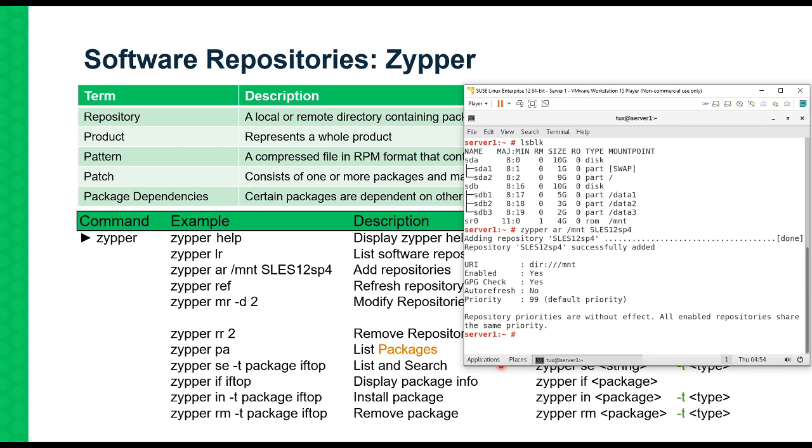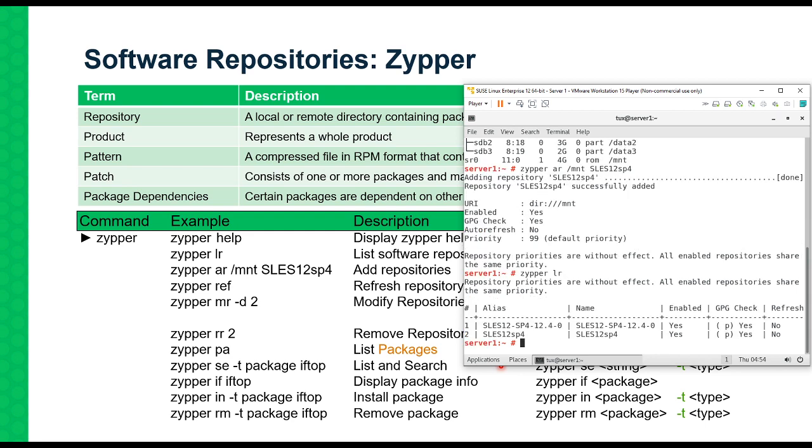So our next command, let's first see if it was successfully added with zypper lr. So we go zypper, list repositories, and now we see we have another repository listed. Now we have to modify a repository. Depending on our naming convention, it will sort it accordingly.